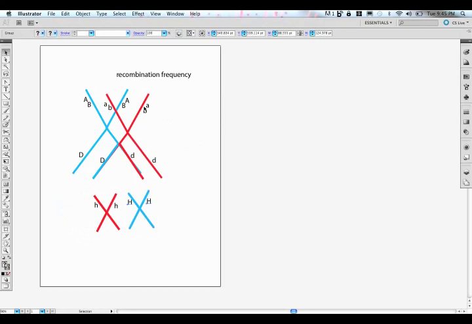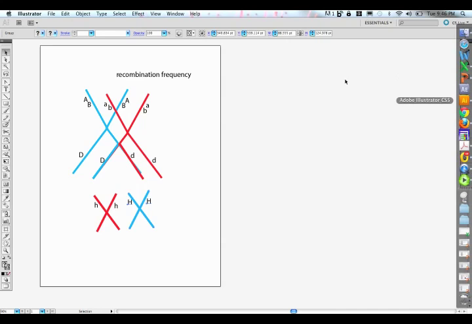If you see very small, like this would be like a 2% recombination frequency, they're really, really close. Between A and D would be more like a 35% recombination frequency. And then maybe between B and D would be more like a 28% frequency. So you can see how that works.